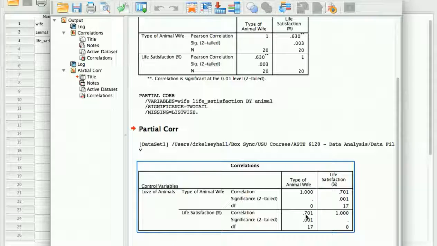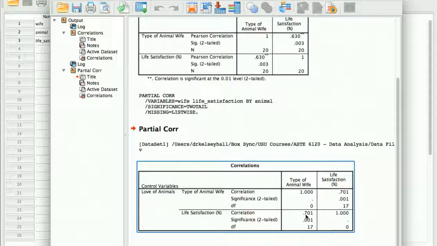So in terms of variance, we know that the type of animal, wife, now shares 49.1% of the variance in life satisfaction compared to 39.7% when animal liking was not controlled for.